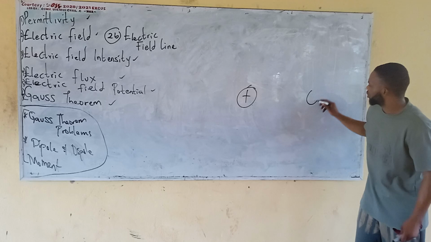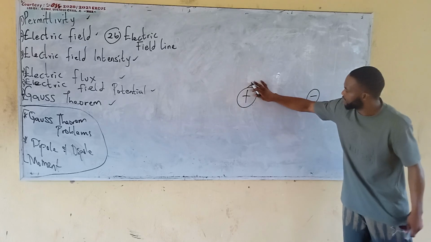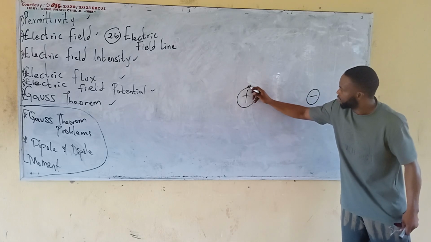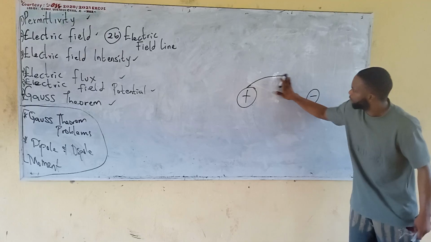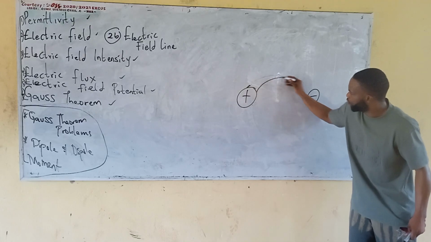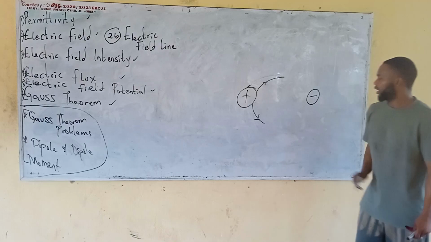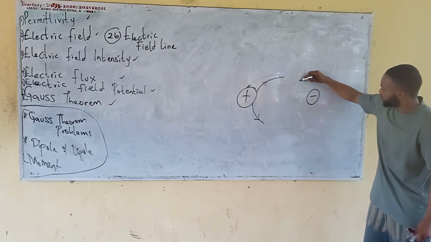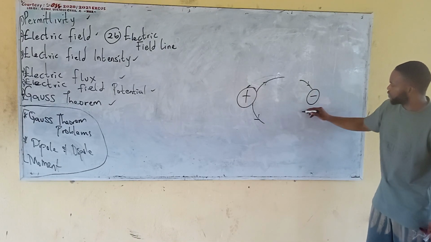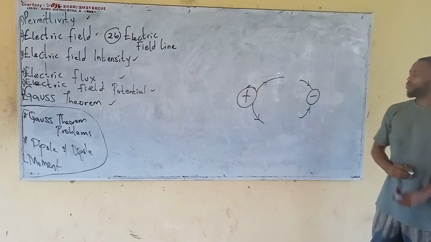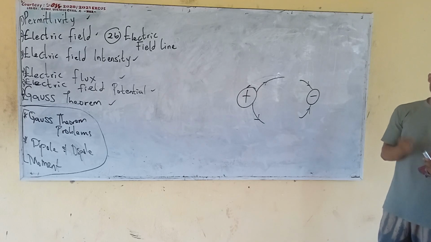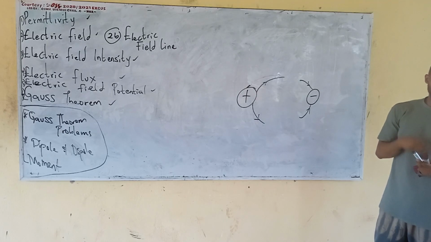So if I have positive and negative, I know that naturally, another rule, positive charges move outwards. Negative charges move inwards. So that is the second. Positive charge move outwards, negative move inwards.